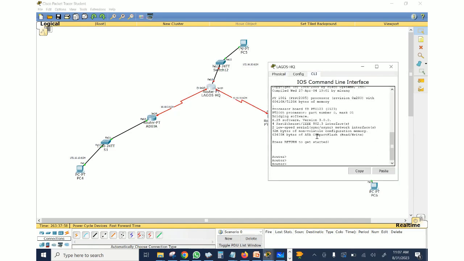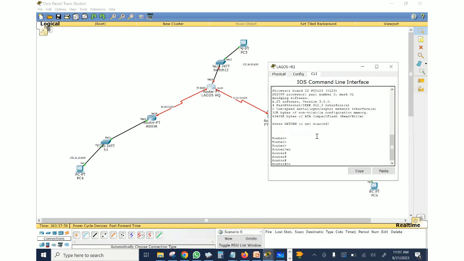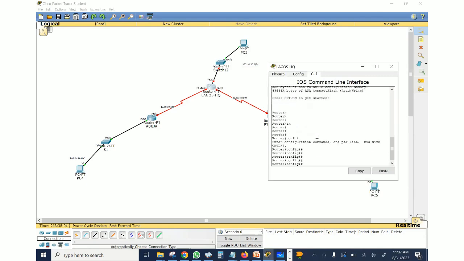We enable it. So we start with interface Serial 2/0.